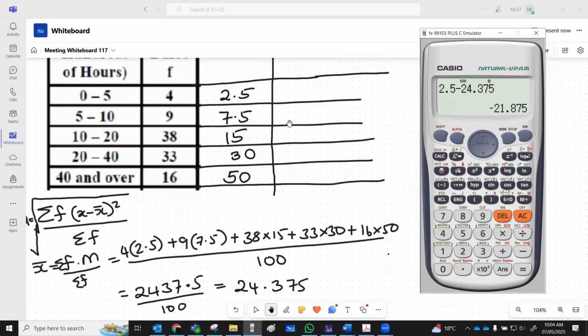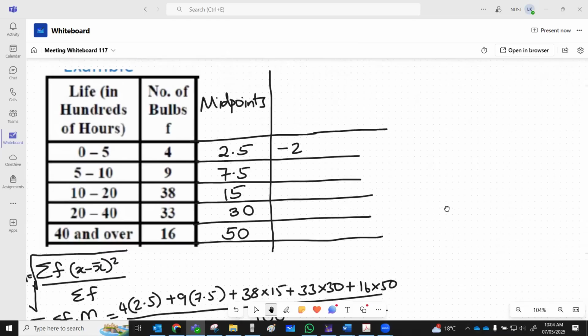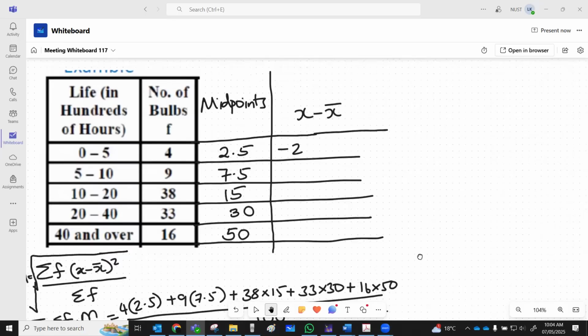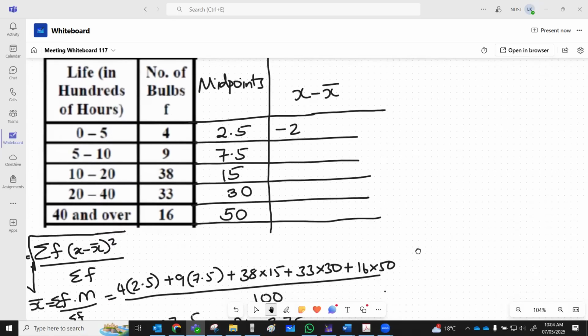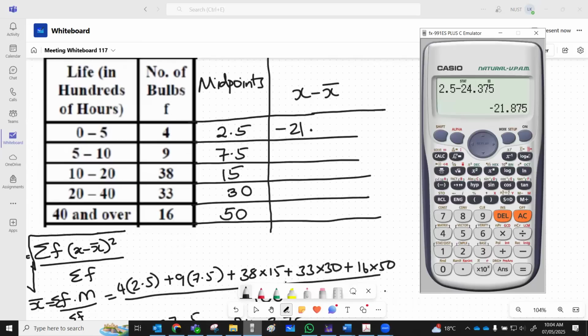This is negative, over here. This is x minus x bar. This is 21.875.